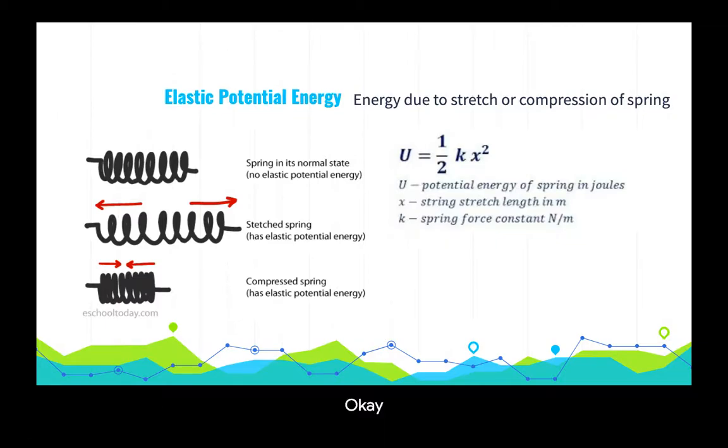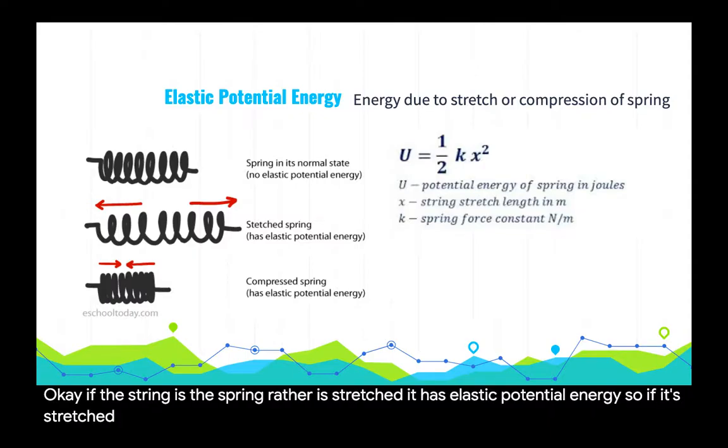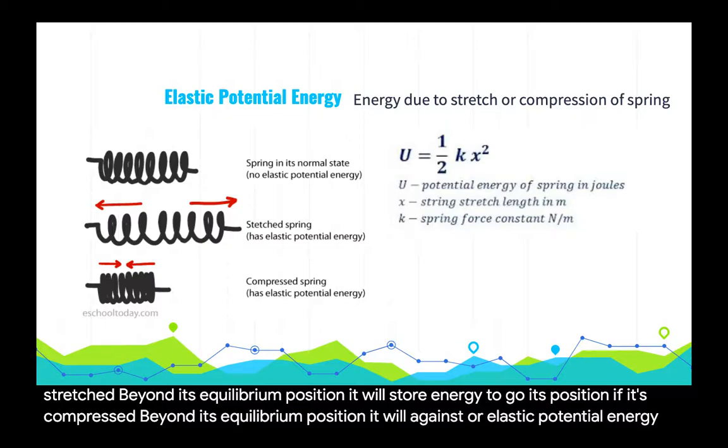If the spring is stretched beyond its equilibrium position, it will store energy due to its position. If it's compressed beyond its equilibrium position, it will again store elastic potential energy.